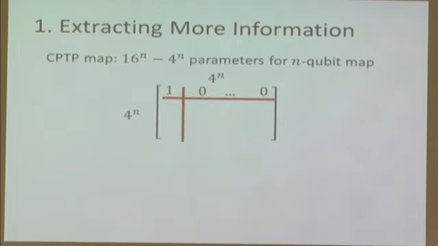Okay, so now that I've shown that we can insert extra Cliffords into the randomized benchmarking sequence, what can we learn? So this is a representation of a quantum process. A quantum process has about 16 to the n free parameters, so we've put them in a matrix here. This is the Pauli-Liouville representation of a quantum process.